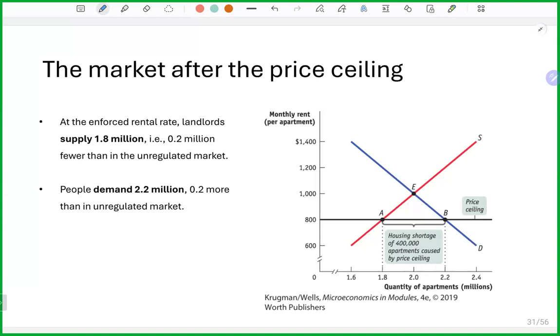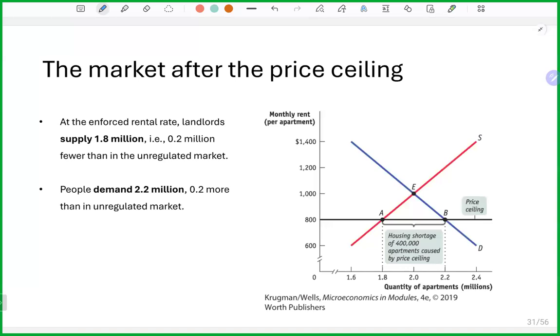Without the control, because the price is $1,000 and your willingness to pay is $1,200, the market ensures that you get one in Seoul. But now, even though your willingness to pay is $1,200, it does not ensure that you get one.